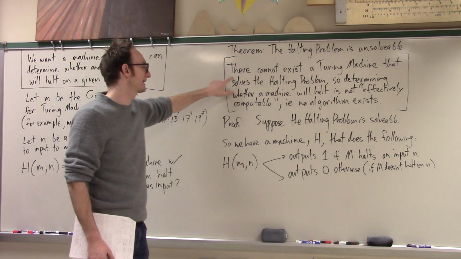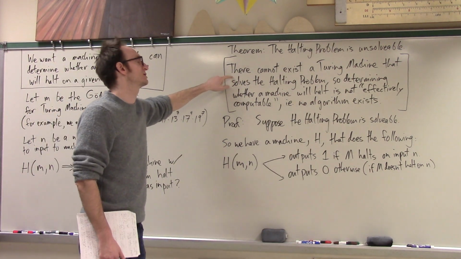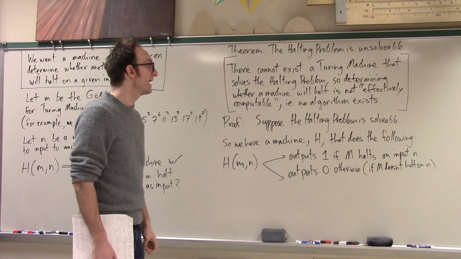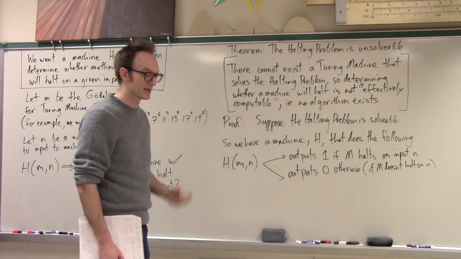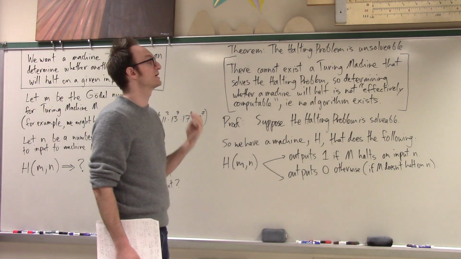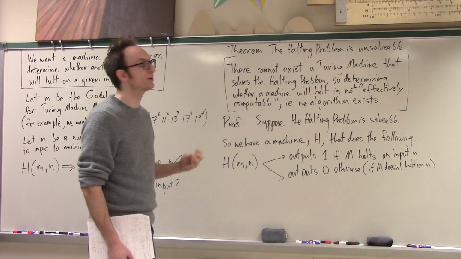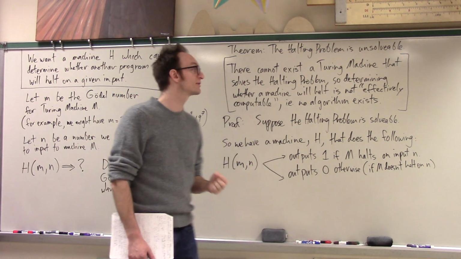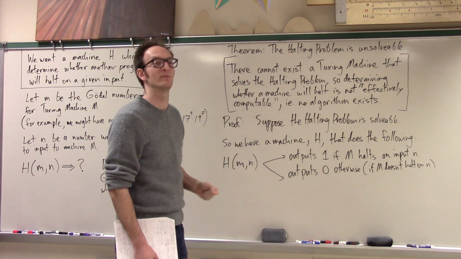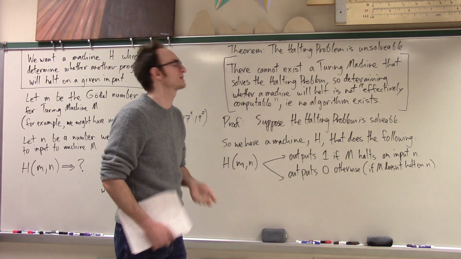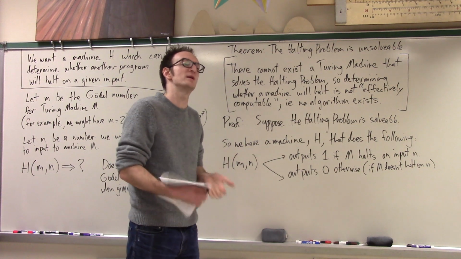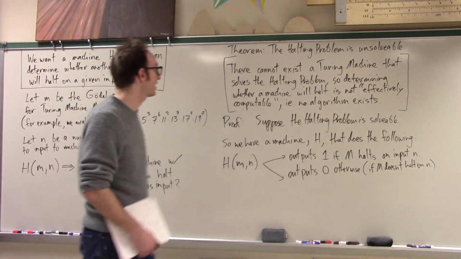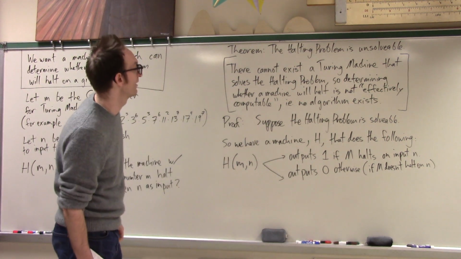And more specifically, there cannot exist a Turing machine that solves the halting problem. And if you believe, as everyone does, that the very notion of effectively computable is captured formally by the Turing machine concept, then if there is no Turing machine that can solve the halting problem, then in some sense the halting problem just can't be done. There can be no algorithm which does it. Okay, getting to the details of the proof now.